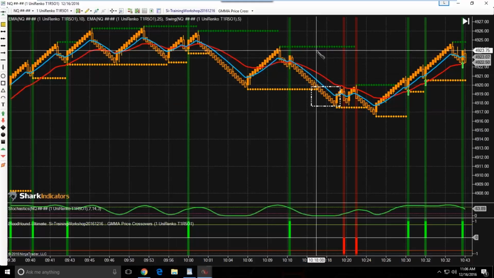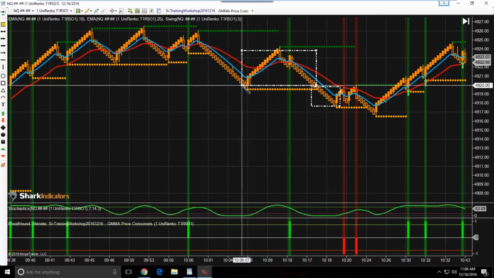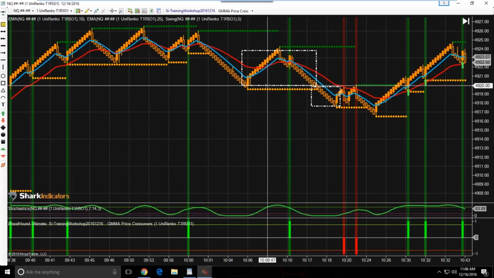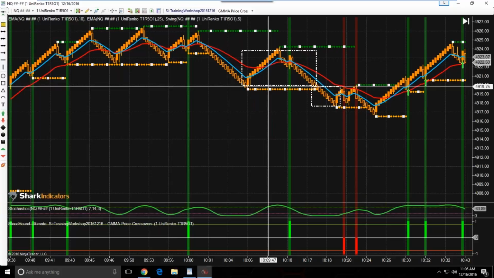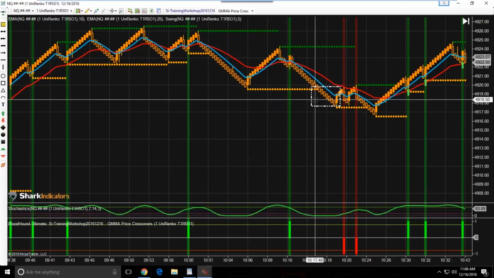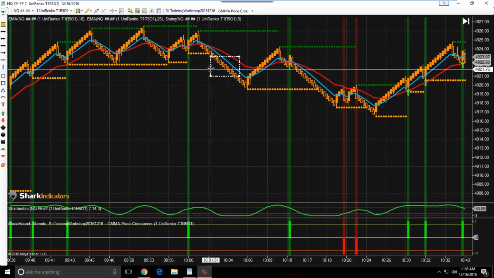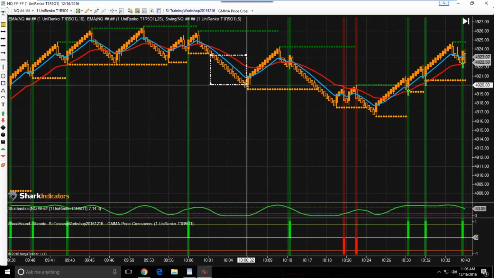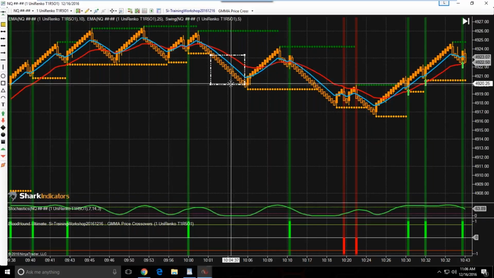And I'm guessing that in this area would be considered a consolidation phase, and we don't want any trades to take place. But the missing piece is, when does a consolidation start? Because if I look back here, I broke that swing point.